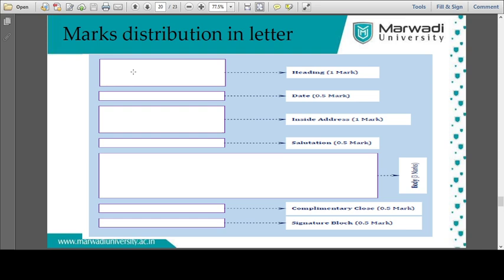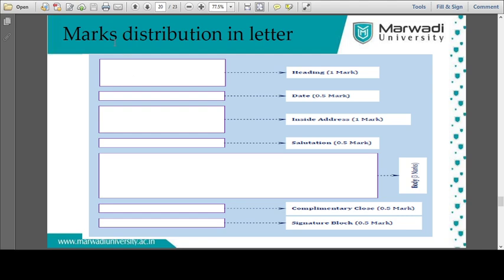For date, half a mark. For inside address, 1 mark. For salutation, half a mark. For the body of the letter, 3 marks. For complementary clause, half a mark. For signature block, half a mark. So what will be the total?